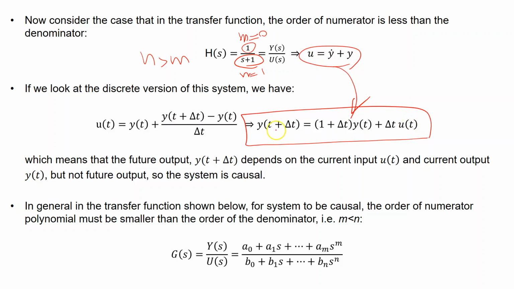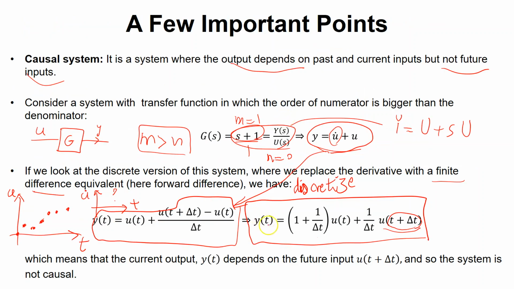This one says the future output depends on the current output and what? The current input. And there is nothing wrong with that, because the future output depends on the current input, not vice versa. The current output depends on future input. That's not going to happen in real life.